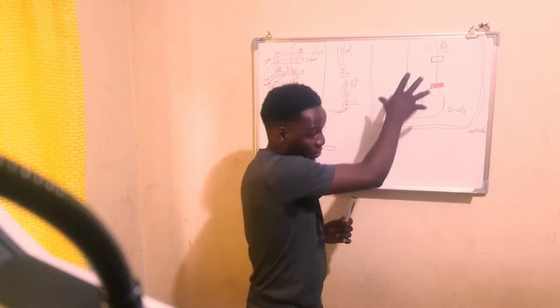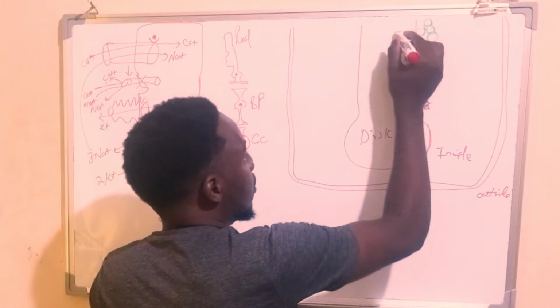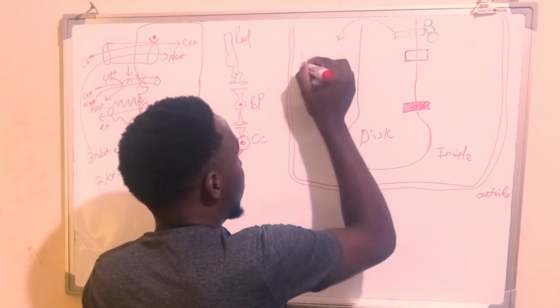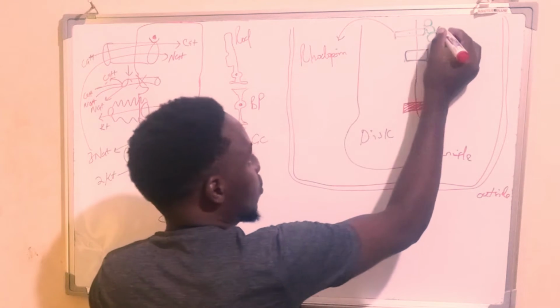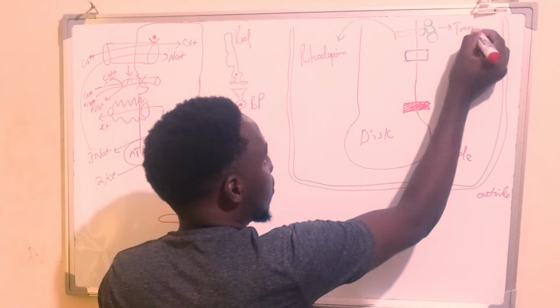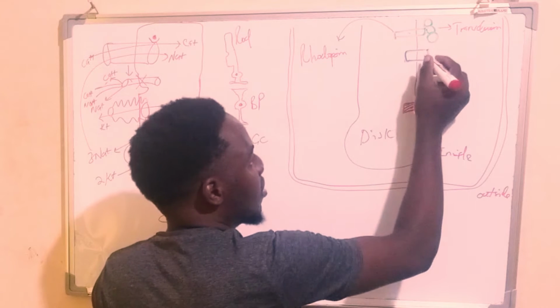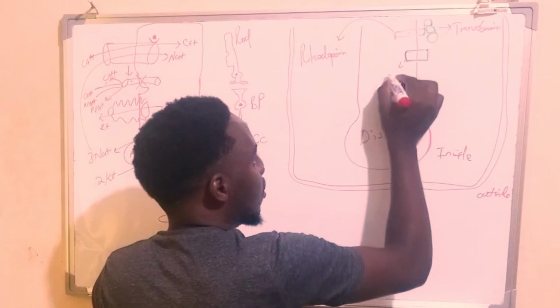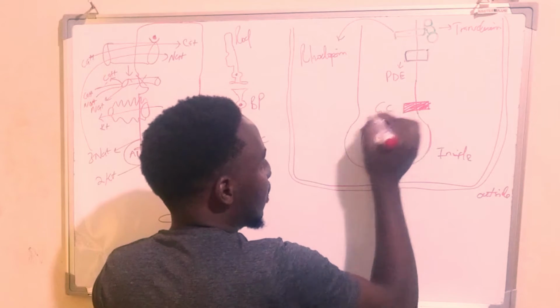Now, we'll go back to this diagram and we've said this one here is rhodopsin, the photosensitive compound rhodopsin, coupled to transducin, a G protein with the alpha, beta, and gamma subunit. Then this one is a phosphodiesterase enzyme. This one is a guanylate cyclase enzyme.